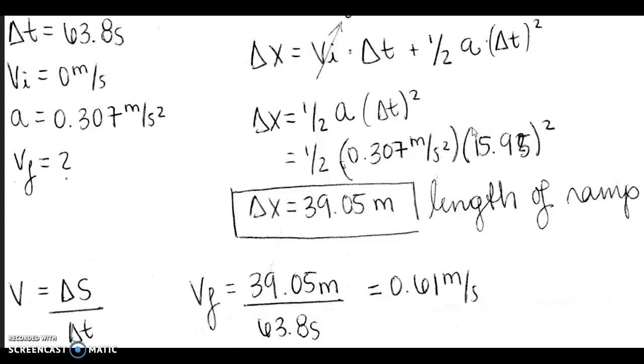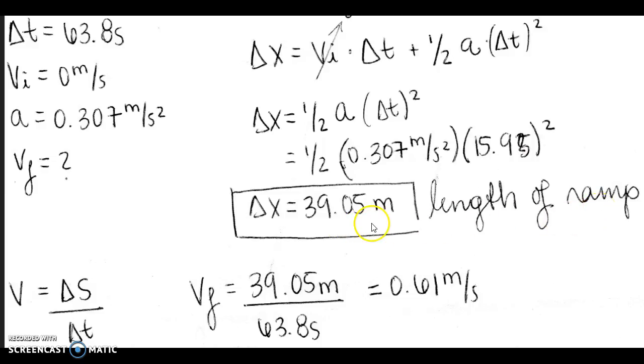So that's 63.8 seconds divided by 4. And so that's where you get 15.95 squared, and that's times 1/2 or divided by 2. And so we get 39.05 meters as the length of the ramp.